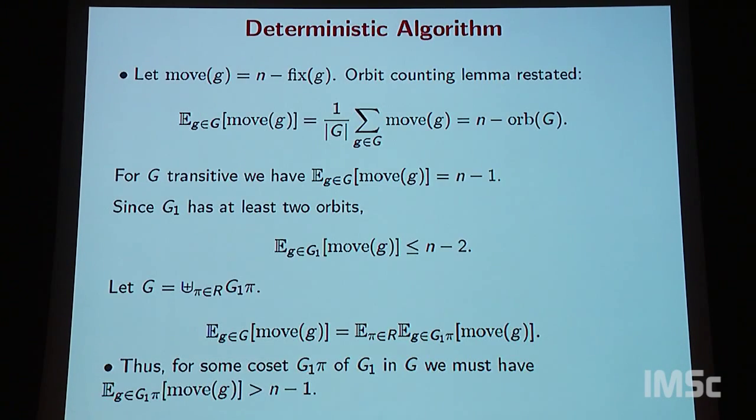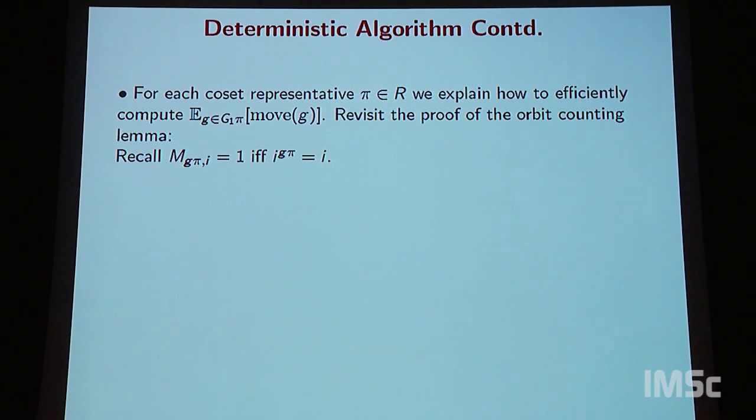But now the question is, how do I compute this? I don't have the orbit counting lemma anymore to compute this, because this is a coset and it's not a permutation group. So I can't write down 1 by cardinality G times the summation of the number of fixed points. Okay. So now we want to compute this expectation. In my matrix, remember that this entry is 1 if and only if G pi fixes the point i.